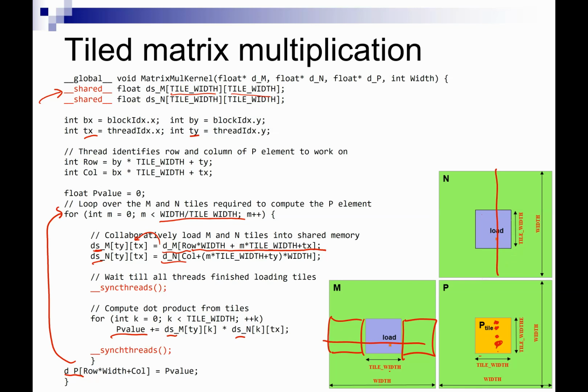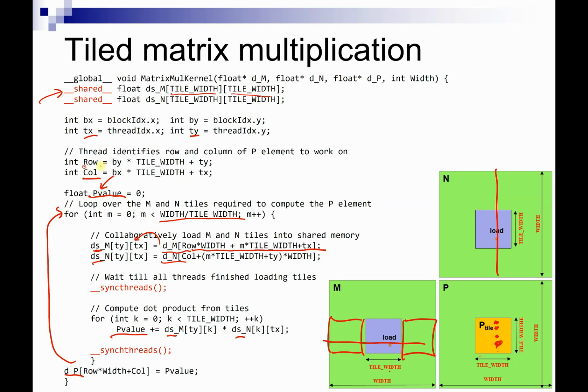By the way, I'll mention this again later, but these values here are stored in registers. The way you know it's stored in registers is because variables that you declare as automatic variables are by default stored in registers.